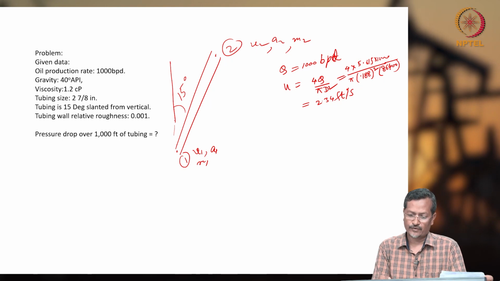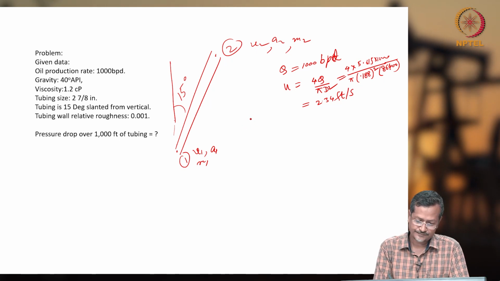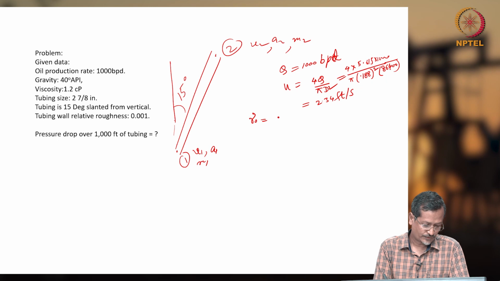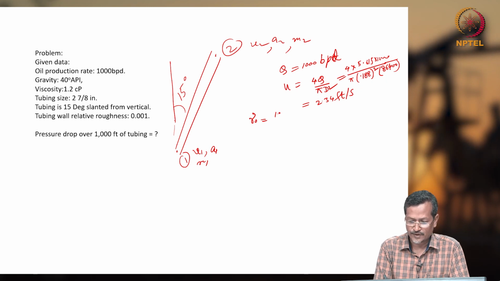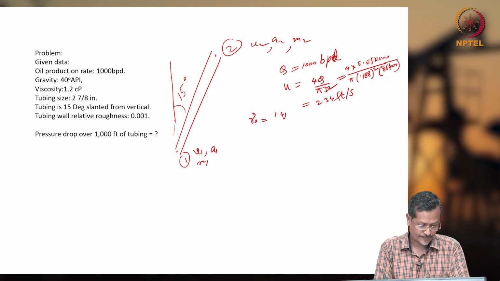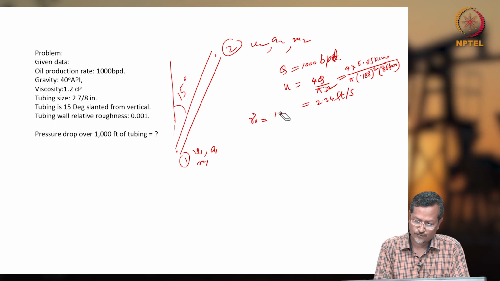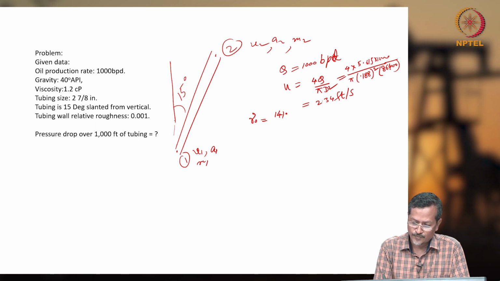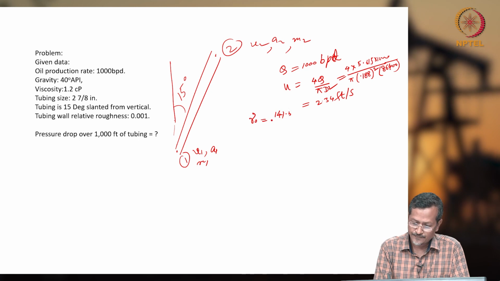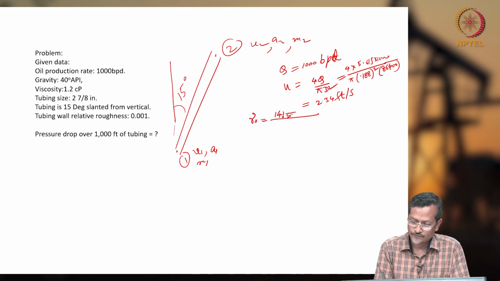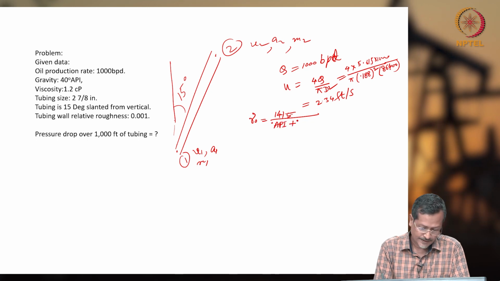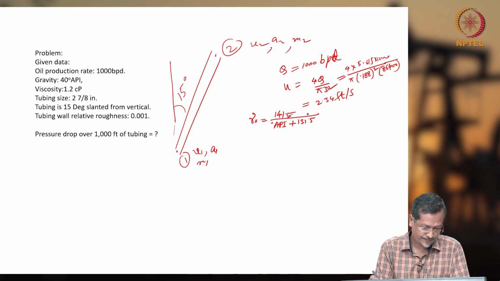Now we have to calculate the oil specific gravity. So the oil specific gravity will be 141.5 divided by API plus 131.5.